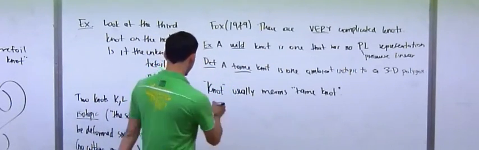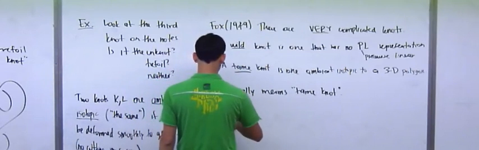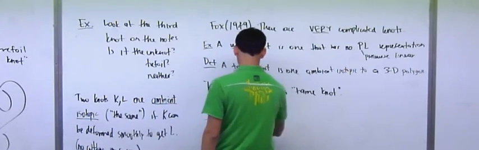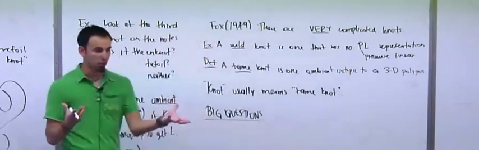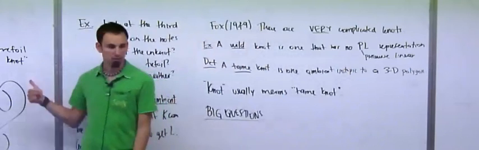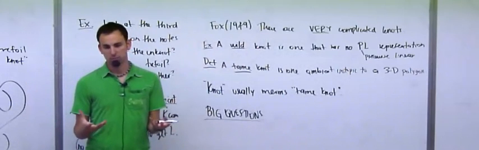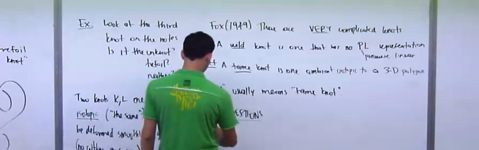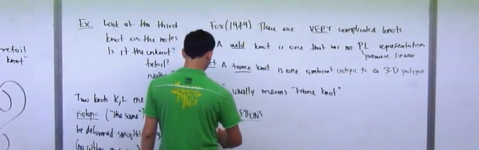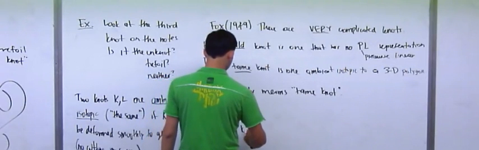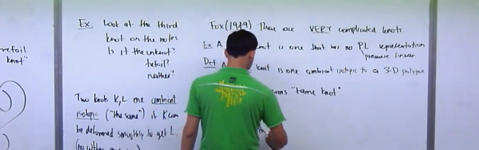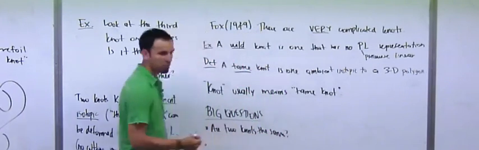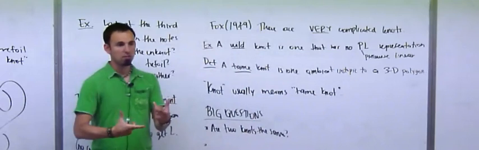Okay, and so the big questions are basically if I give you two knots, in other words, if I give you two pictures like this, and I ask you, are they the same knot or not? Recognition problem. Are two knots the same? Or even the unknotting problem. If I give you a picture, is it possible to unknot it?